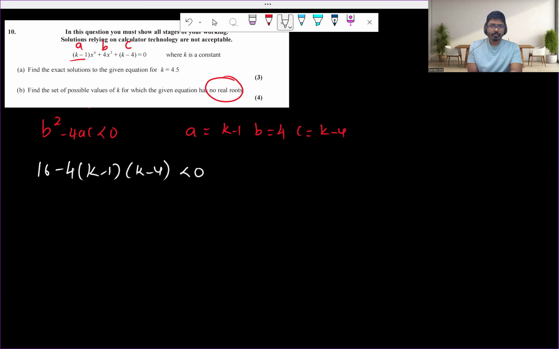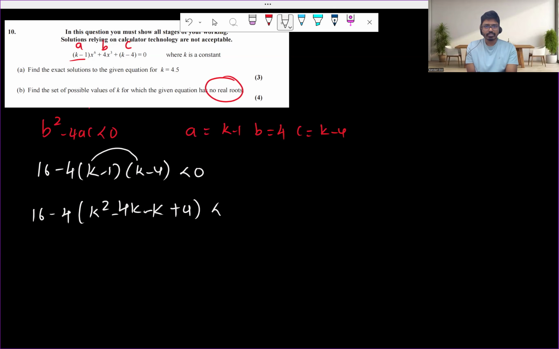Now 16 minus 4, let us solve this bracket, which is going to be k squared minus 4k minus 1k, and minus into minus is plus 4, which is less than 0.